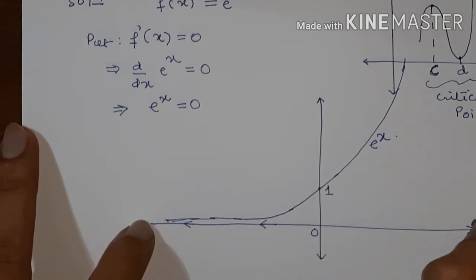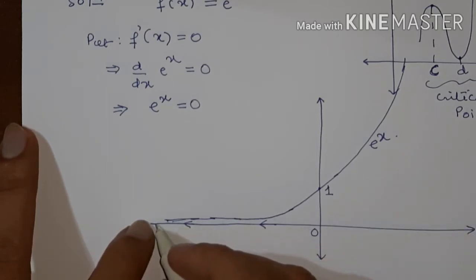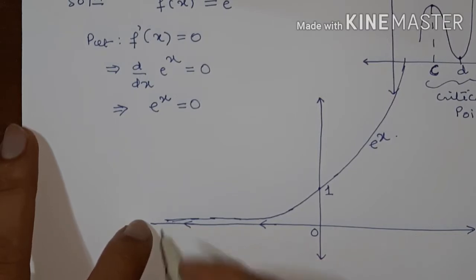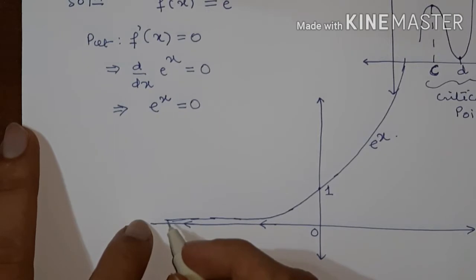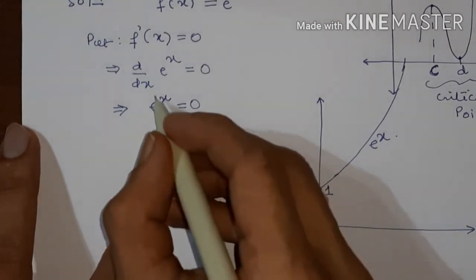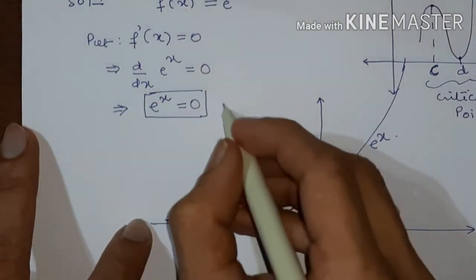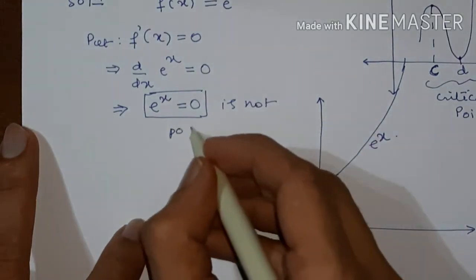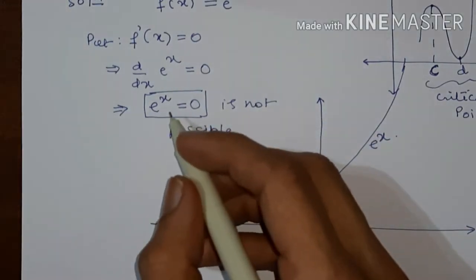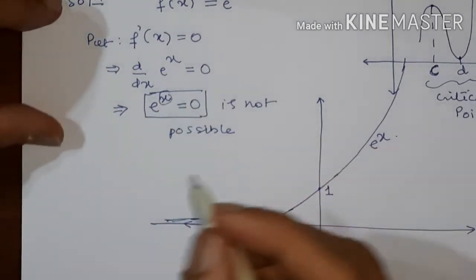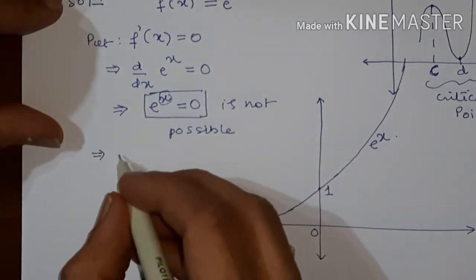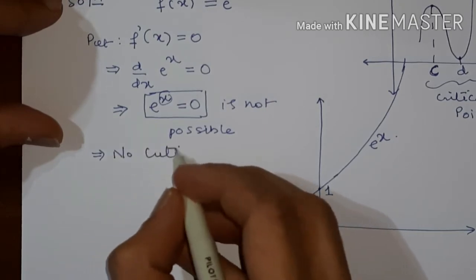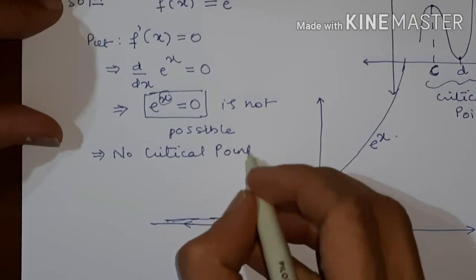Now when will the function become 0? When the y value will be 0, that is, if the graph touches the x-axis. You see that the graph doesn't touch the x-axis, but is very, very close to it. That means the function never becomes 0 for any x. So this is not possible, because the function doesn't become 0 at any x. What does it imply?